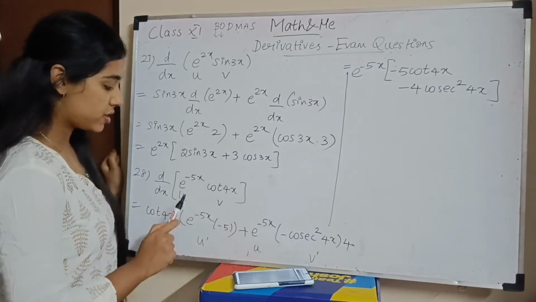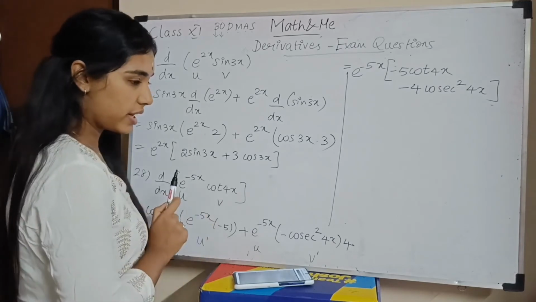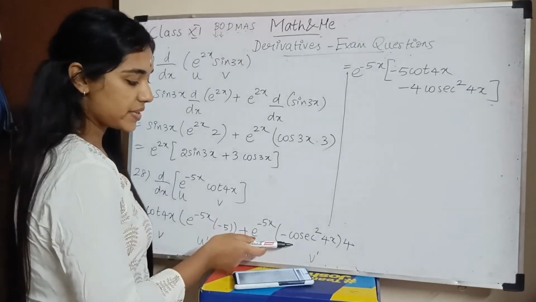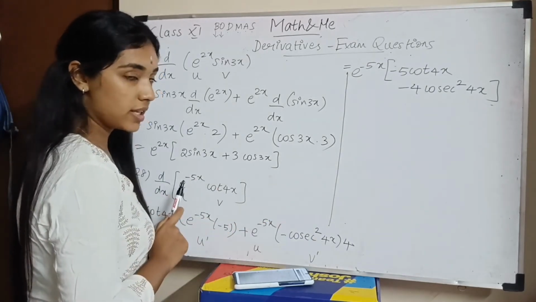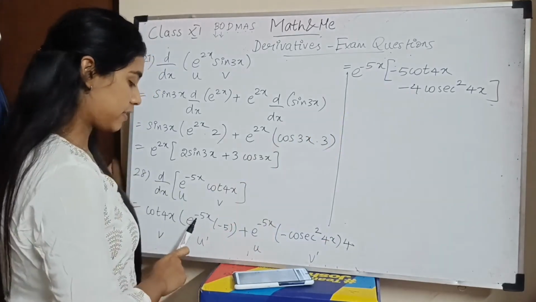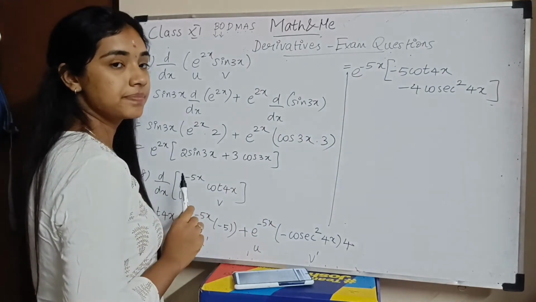Plus u v dash. Cot x derivative is minus cosecant square x. So cot 4x gives minus cosecant square 4x. The function is 4x, so you have to take the derivative of 4x, which is 4. I've taken e to the minus 5x to be common, and I've clubbed the other two terms. Okay.